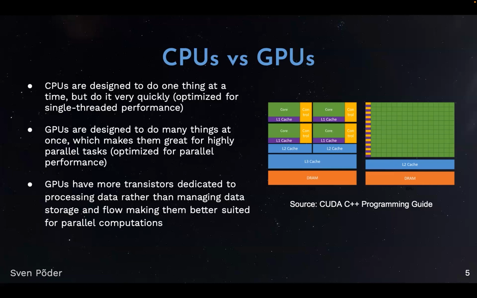Yes. So on the left figure, I understand each core has its own memory dedicated to data, this level 1 cache. But on the right, the GPU cores do not each have their own memory. It's shared somehow. Yes, they have quite a different architecture.